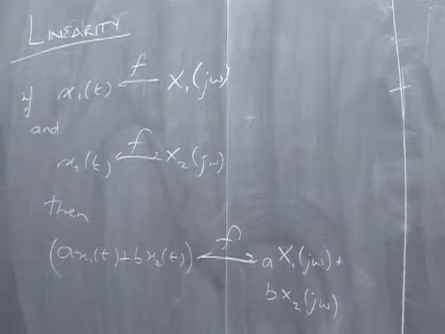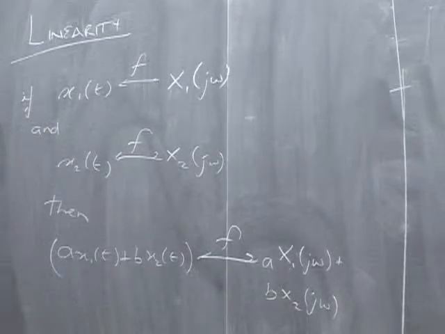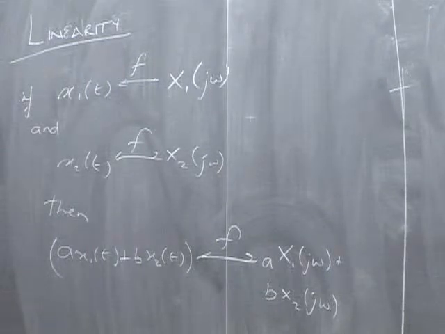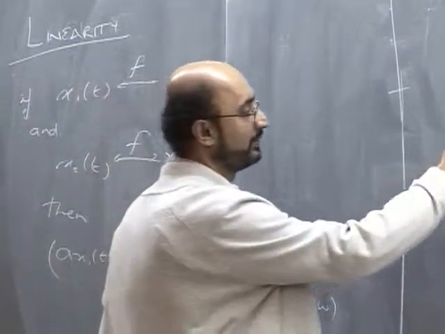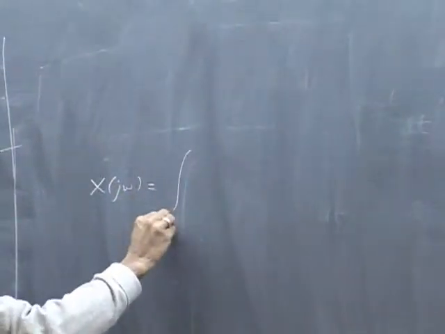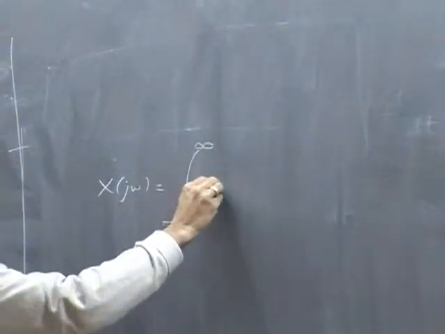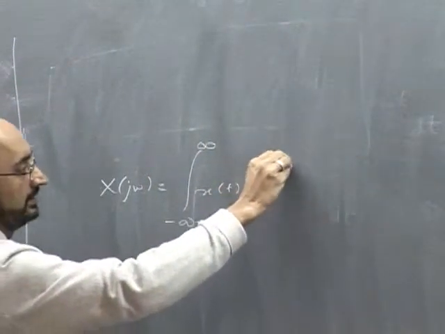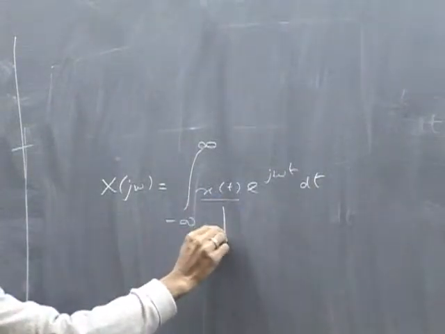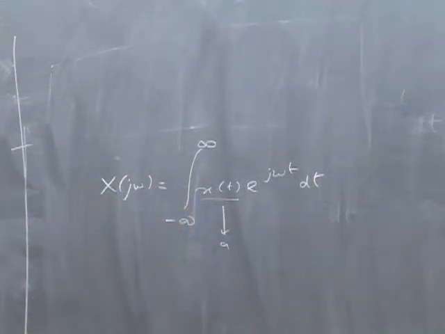Okay, so we're just saying that if I take two functions, I can multiply them by a scalar a, and then the transform is multiplied by scalar a. Why is that? It's pretty straightforward. x of j omega is nothing more than the integral from minus infinity to infinity of x of t e to the minus j omega t dt. So if I multiply by a scalar a, obviously the integral can pull the a out of the integral sign, right?